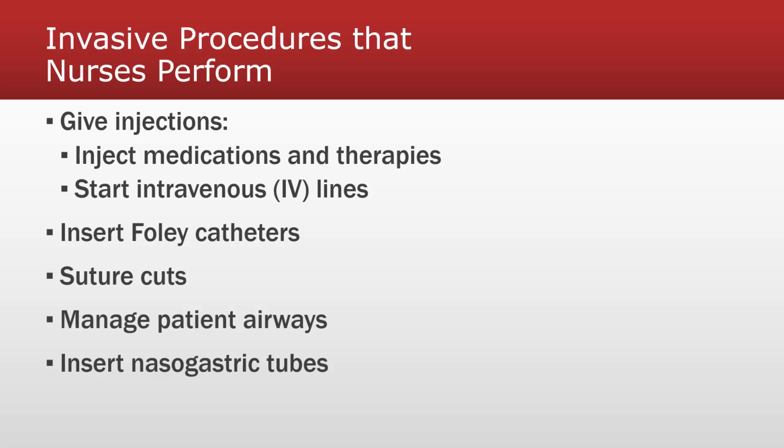Think of it like an engineer handling sensitive adjustments inside a complex machine. One wrong move could cause harm, but with training and precision, the procedure restores function and safety. Invasive procedures highlight the nurse's dual role, both technician and caregiver, balancing the science of skill with the art of compassion.